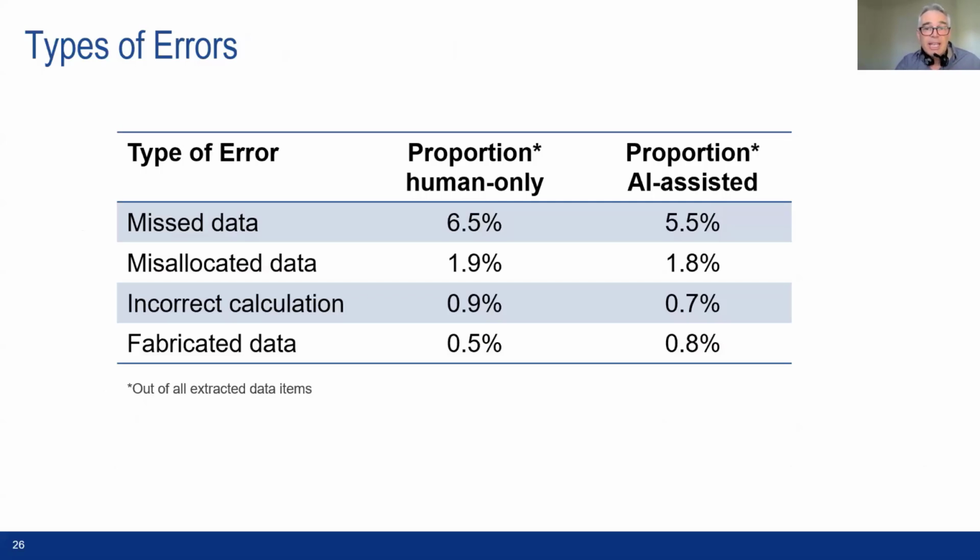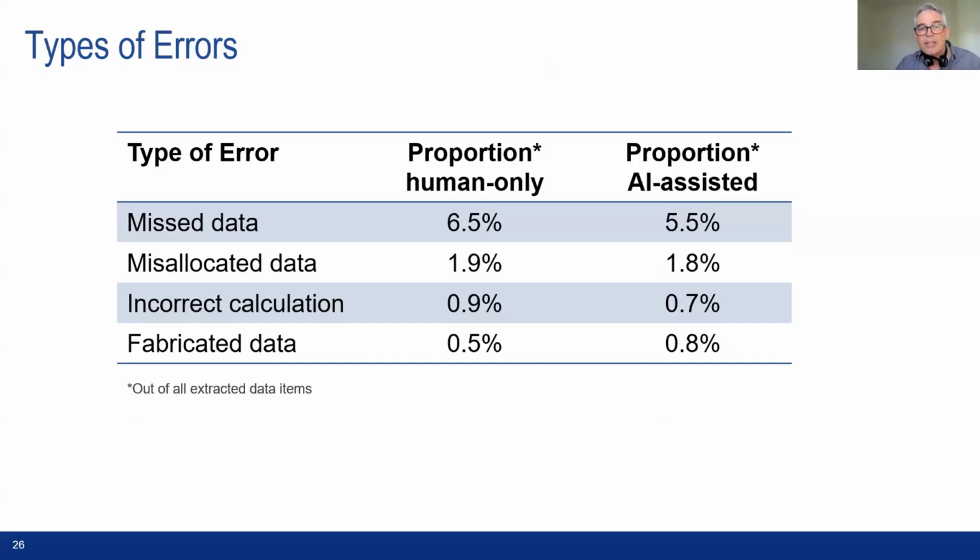The most frequent error that both approaches made was that they missed available data. So the percentages here are out of all extracted data items. So the humans missed 6.5% of available data out of all 9,300 data items. Less common mistakes included misallocated data and incorrect calculations.